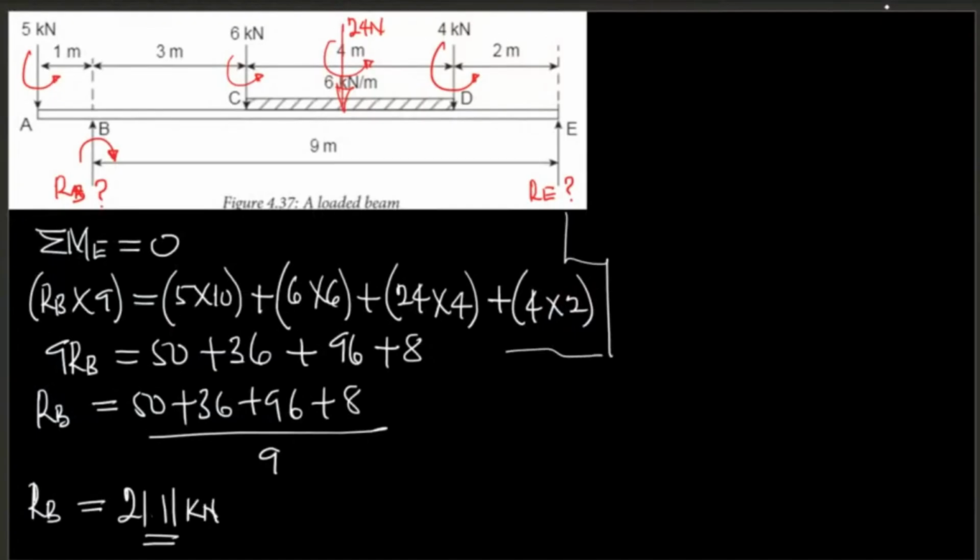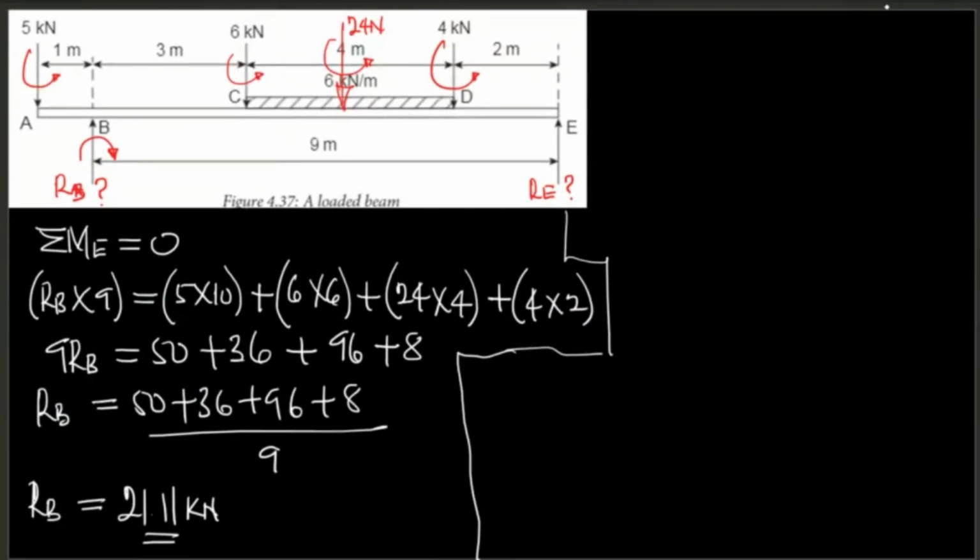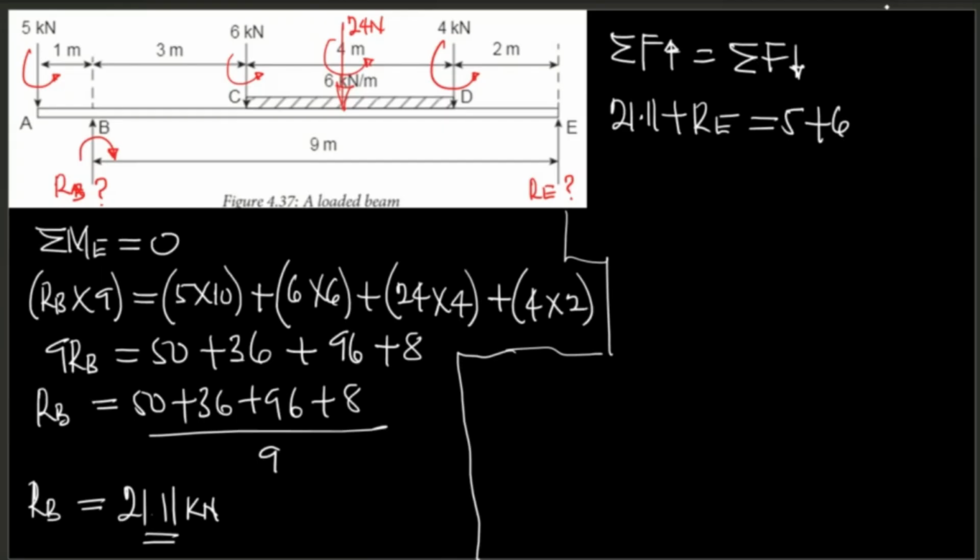And let's get the other reaction very fast. Summation of upward forces equals summation of downward forces. So our upward force is RB, which is 21.11, plus RE, equals the forces 5 plus 6 plus 24 plus 4.